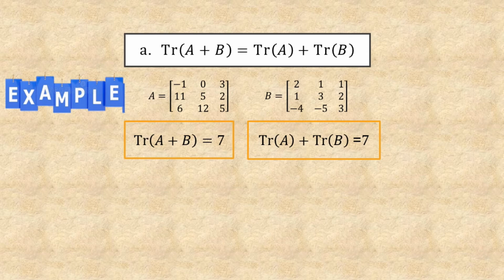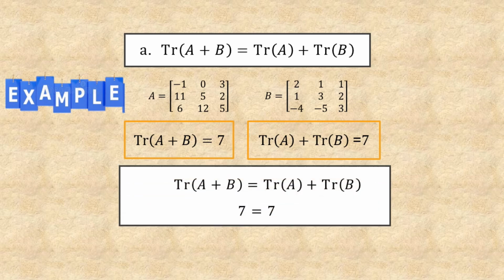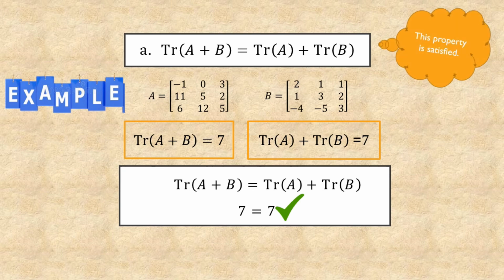Using the answers, trace of A plus B is equal to 7 and trace of A plus trace of B is equal to 7, let's apply it in the property. So, trace of A plus B is equal to 7, which is equal to trace of A plus trace of B, which is equal to 7. So, it is correct. This property is satisfied.